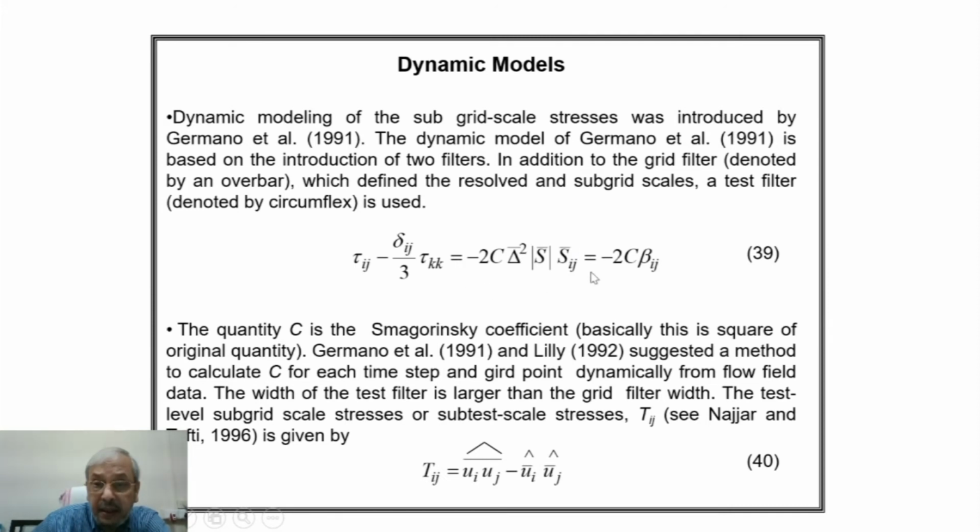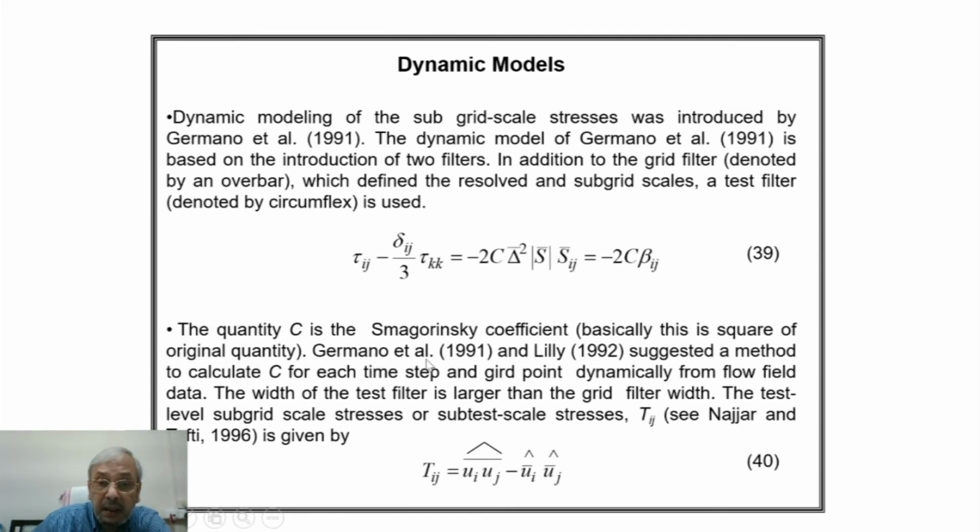And we can write this identity as minus 2 C into beta ij. Remaining terms can be written as beta ij. The quantity C is the Smagorinsky coefficient. Basically, this is the square of the original quantity.